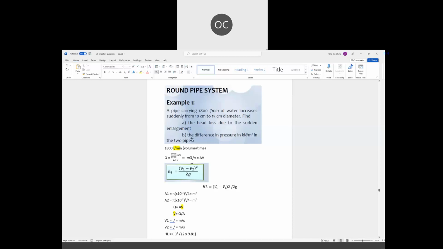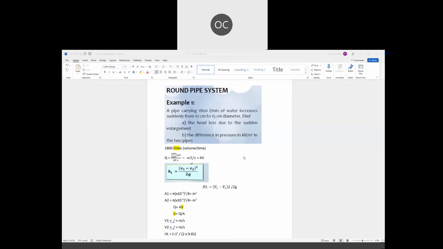The second task is to utilize the Bernoulli equation to obtain the difference in pressure. The answer should be in kilonewtons per meter squared for these two pipelines. I give you a minute to digest the information.